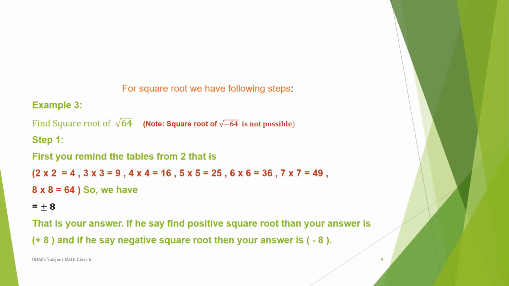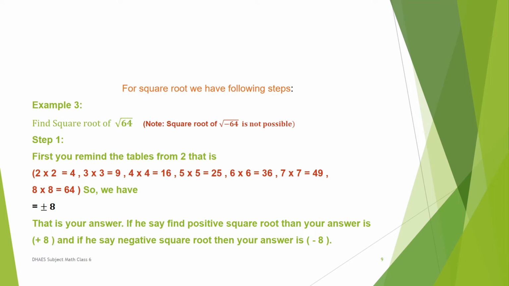So the square root of 64 is 8. If a number is multiplied with the same number, then we get the number for which the square root is required. So 8 multiplied by 8 gives 64, which means 8 is the answer of the square root of 64.